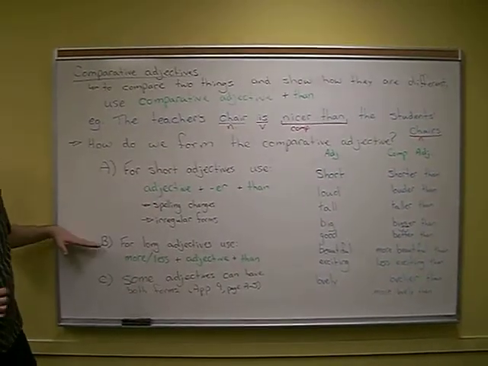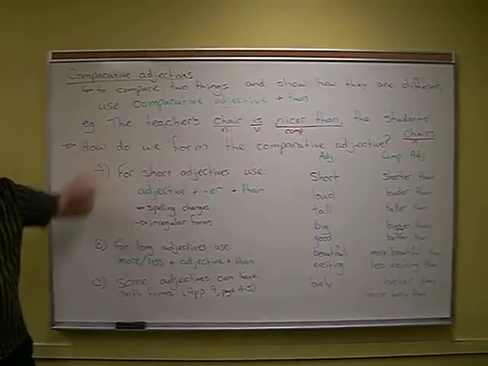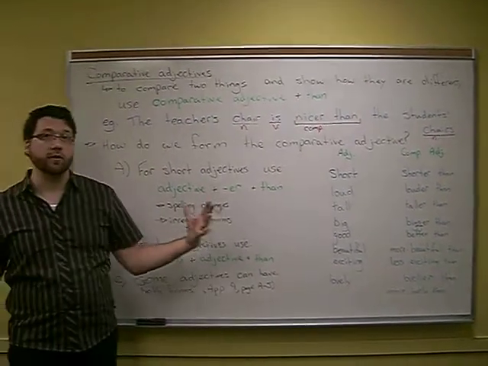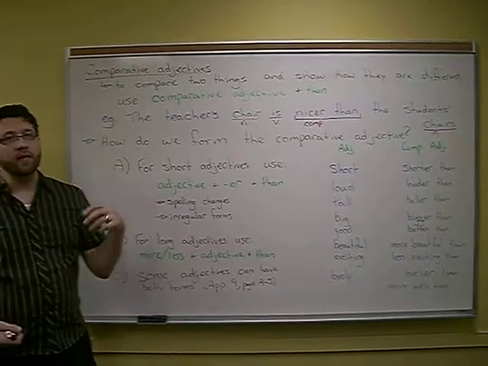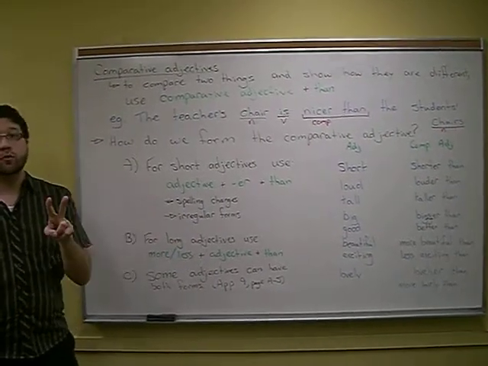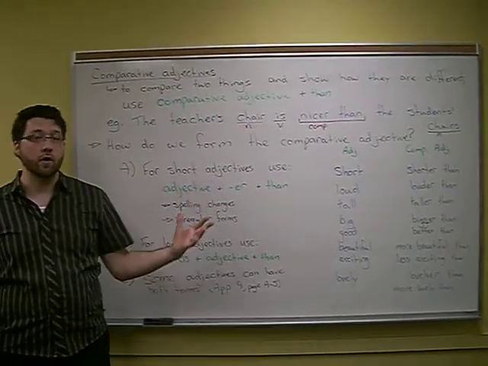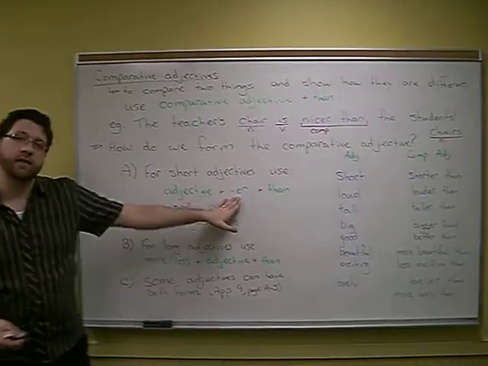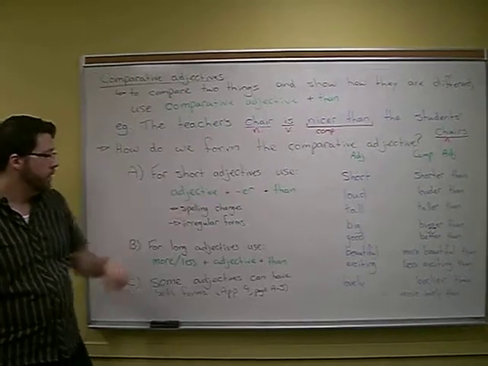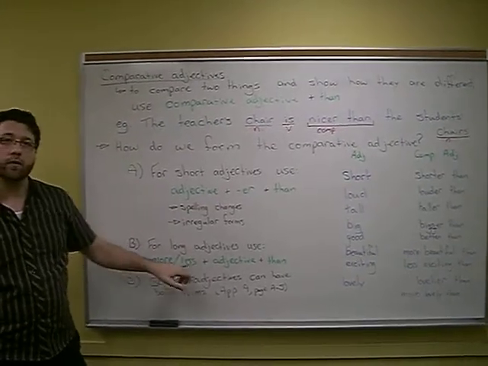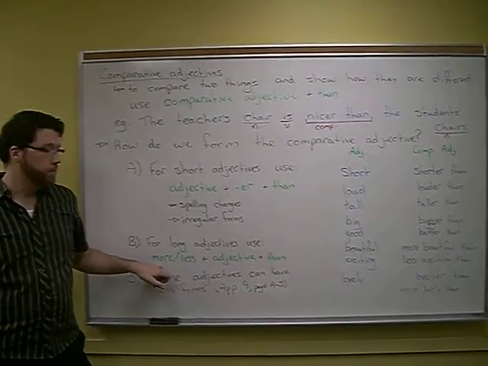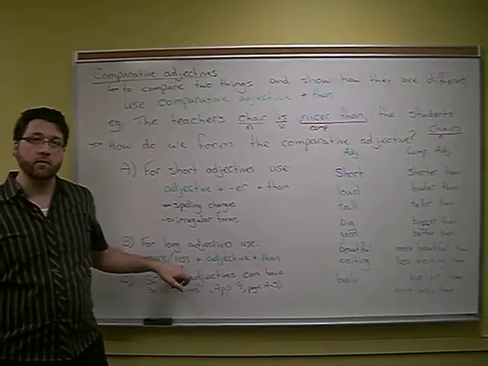The second way to make a comparative adjective is when we have long adjectives. And this will be any adjective that's two or more syllables long. Here, we don't add anything to the adjective. What we do is we add a word before the adjective. So here we will say more or less.